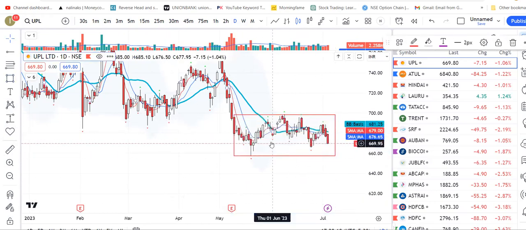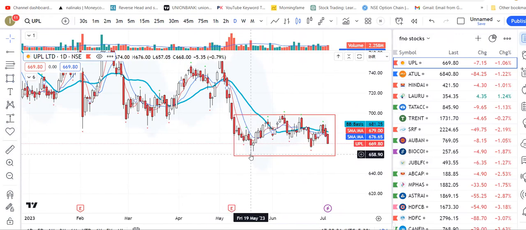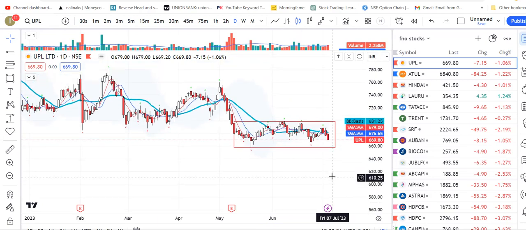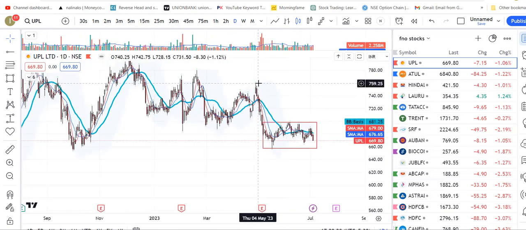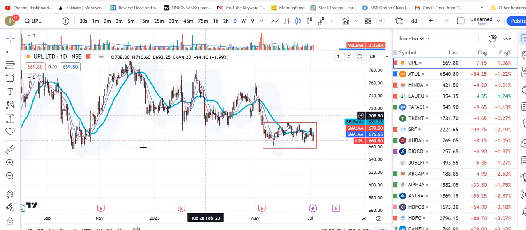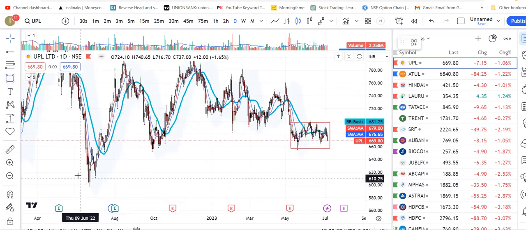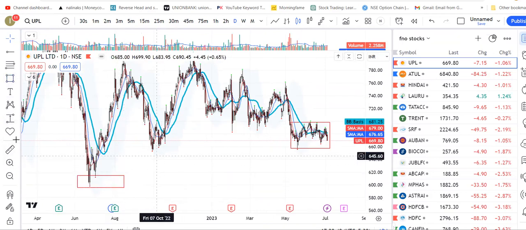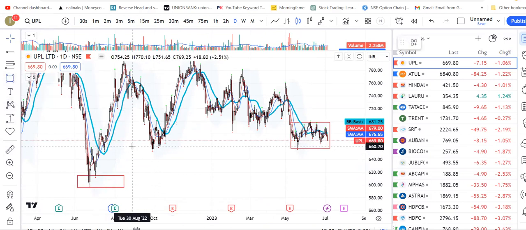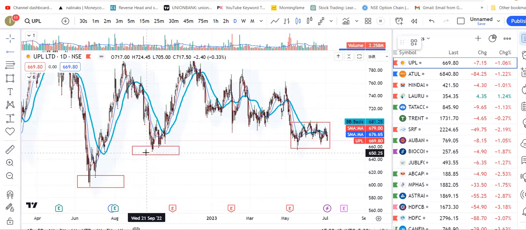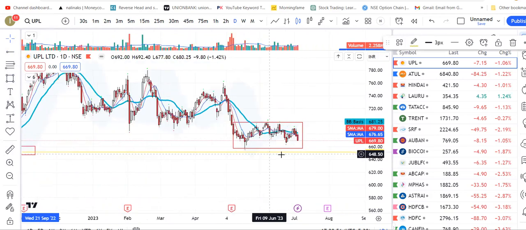Range formation since May, June, July, two months it is under. The prior trend is down. This is the key resistance area and key supports are here for the UPL. And intermediate support you can see over here. It is undergoing some range formation here.